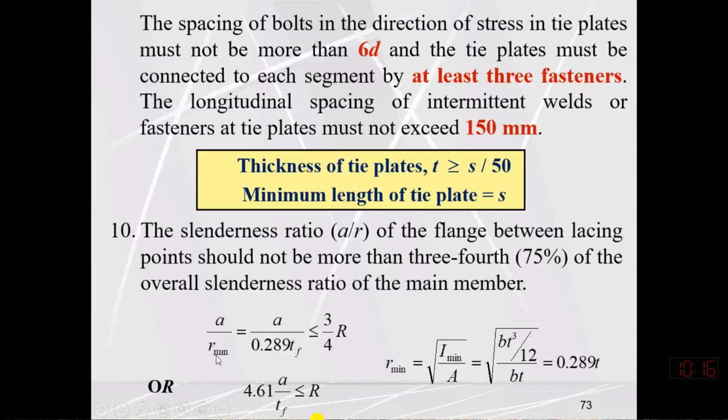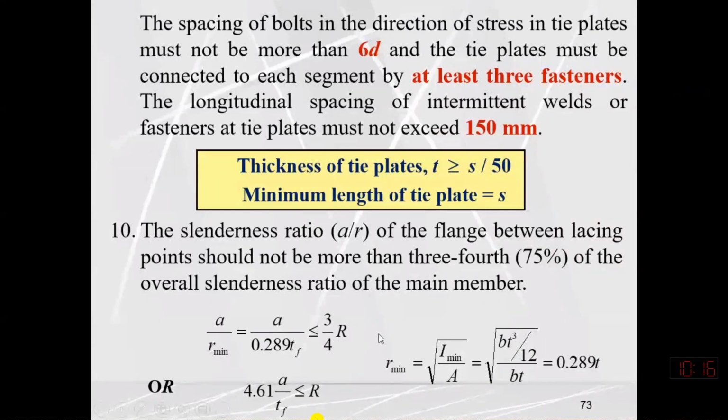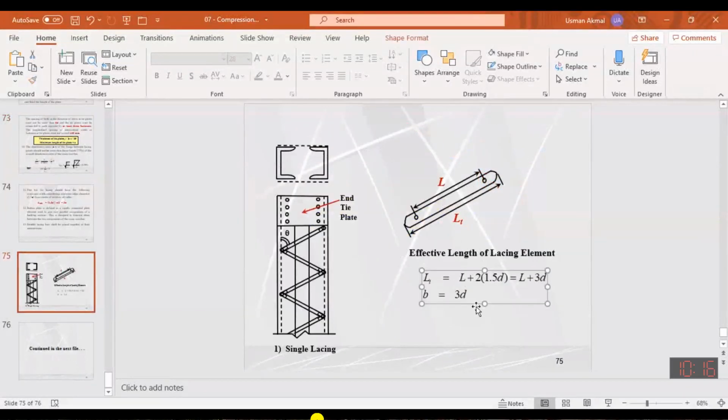So how we can compute the R minimum? Let me sketch a flange plate on the same slide, or maybe in the next slide it will be more appropriate.